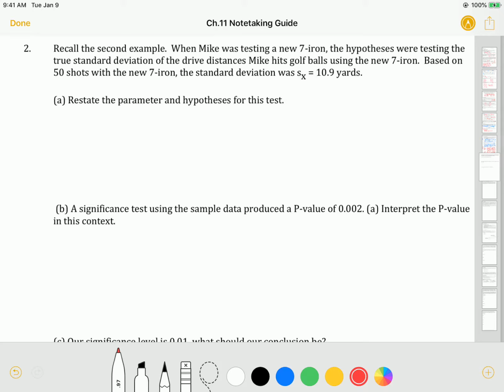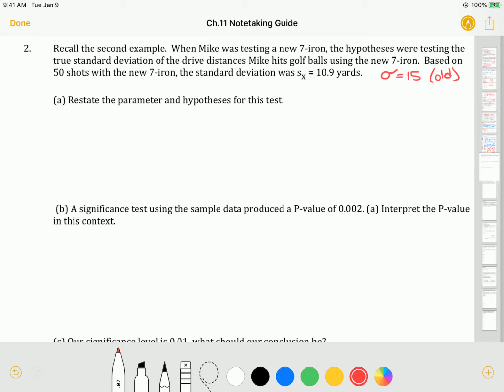And we were comparing standard deviation because he wanted his drives to be more consistent. So based on 50 shots with his new 7-iron, Mike got a standard deviation of his drive distances to be 10.9 yards. So recalling from the last example, the standard deviation of his drive distances with his old 7-iron was 15.